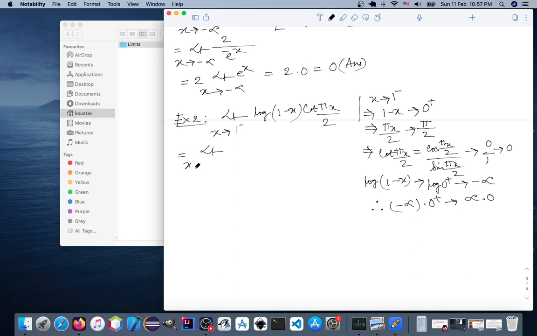We write this as limit x tends to 1 minus, keep log(1 minus x) as it is, and bring cot(pi x by 2) as 1 over tan(pi x by 2). Since cot(pi x by 2) is tending to 0, tan(pi x by 2) will tend to infinity. So basically this is of the form infinity by infinity.